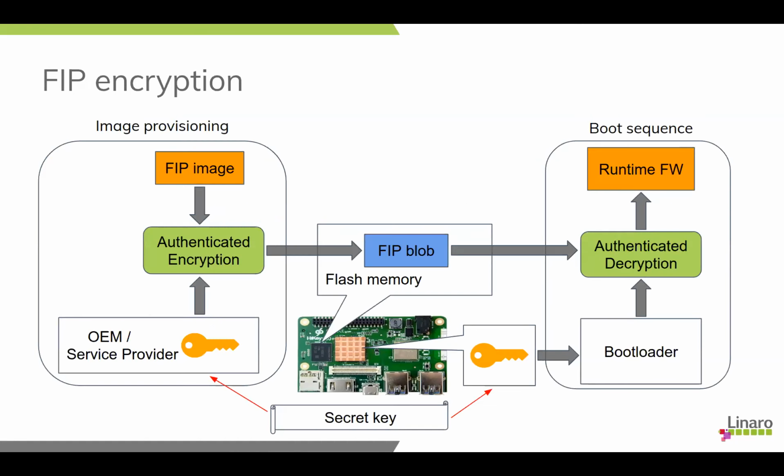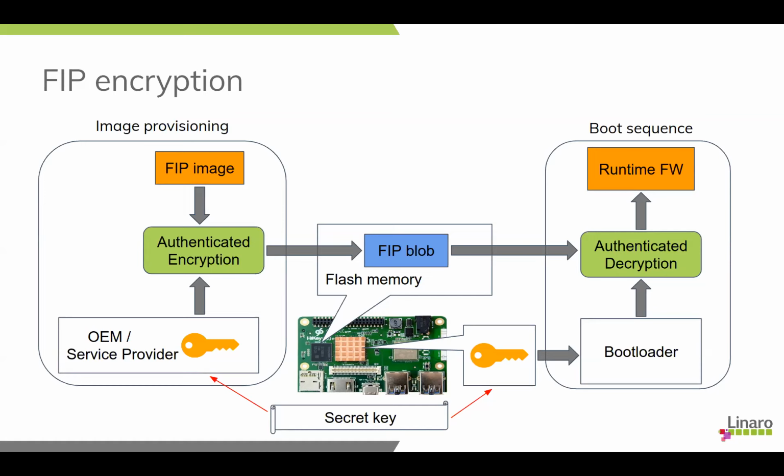Now let's come to the basic implementation of an encryption feature for the firmware. This image depicts that there is a shared secret key between the OEM or service provider and the device itself. The OEM uses that secret key to encrypt the FIP image using the authenticated encryption construct, and thereby flashes that onto the device flash memory.